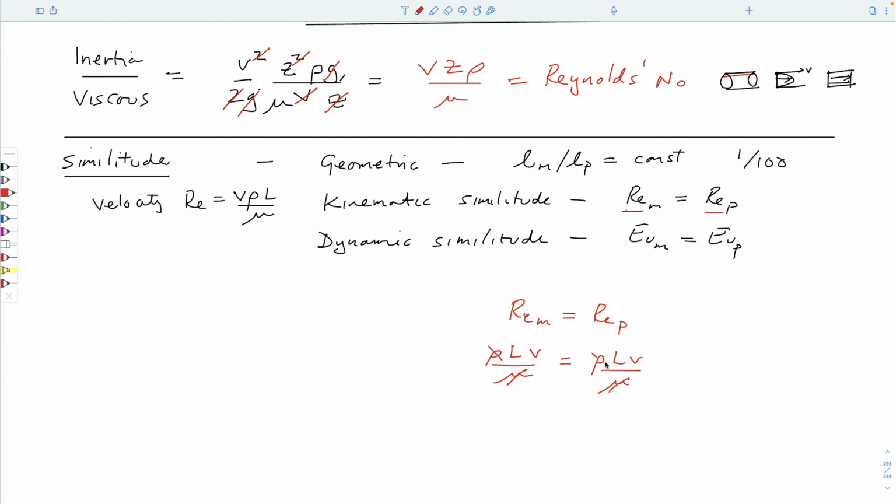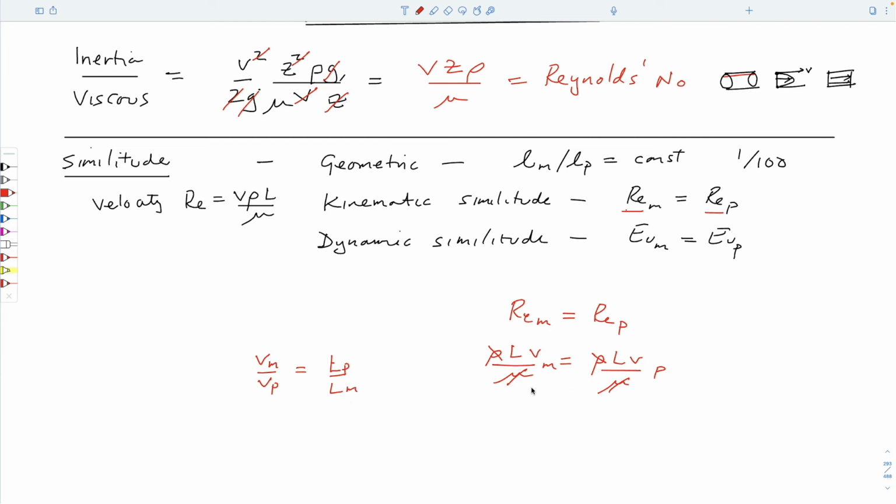This and this would be the same. And so what you'd have to do would be that the velocity of the model to the velocity of the prototype is equal to the length of the prototype divided by the length of the model.